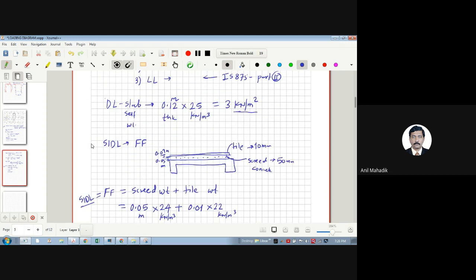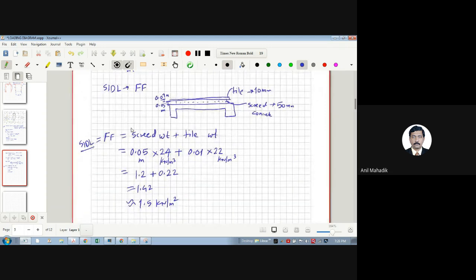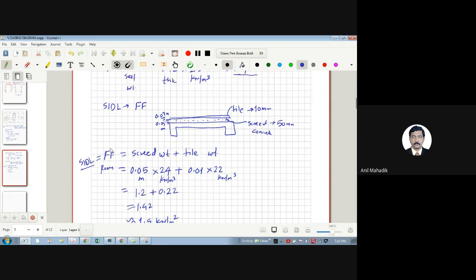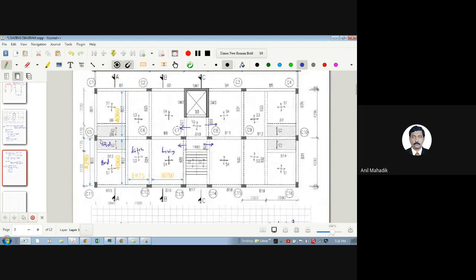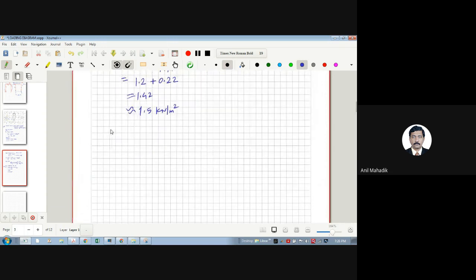Now that is the floor finish in rooms. There is one more floor finish here, which is the sunk. So we can assume some load for sunk. Sunk thickness I can assume 300 mm. So I'm interested in calculating SIDL in toilet area.